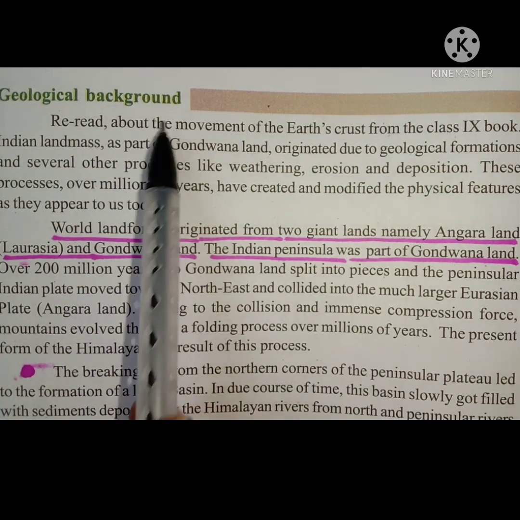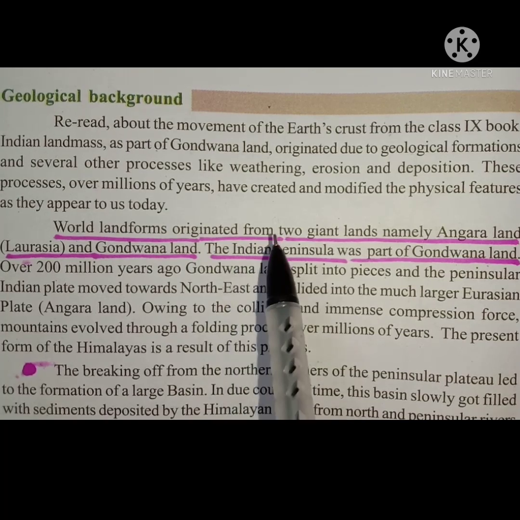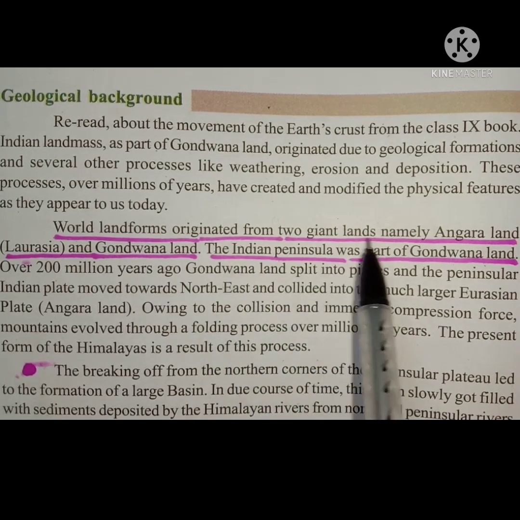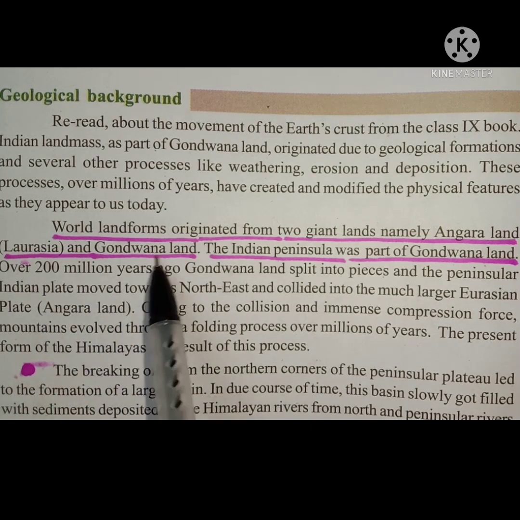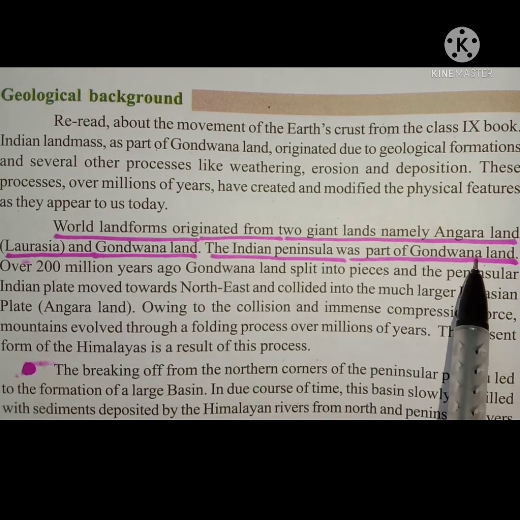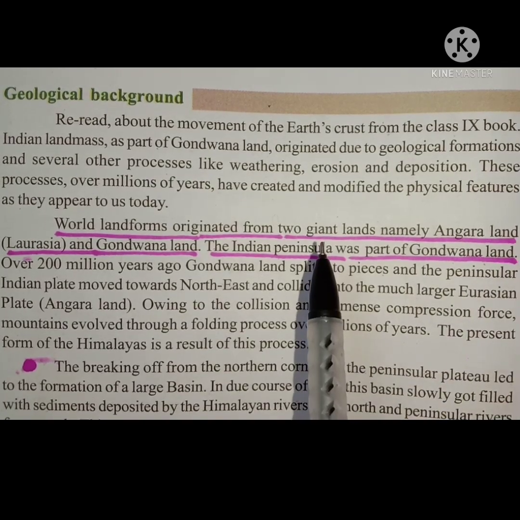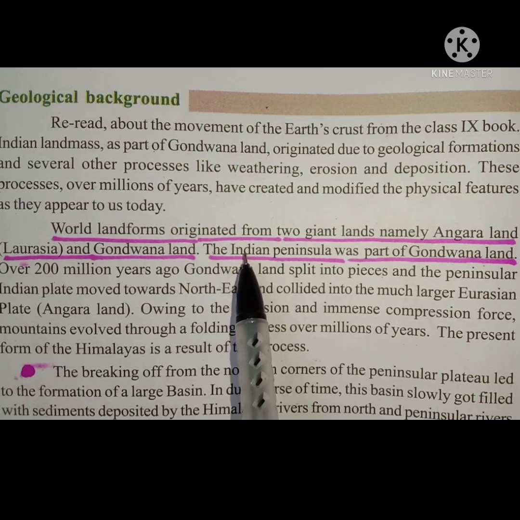Geological background. World landforms originated from 2 land masses, namely Angara land (Laurasia) and Gondwana land. The Indian peninsula was part of Gondwana land. So what were the 2 land masses? 1 mark question.